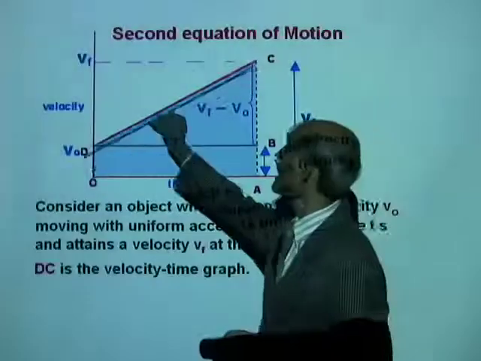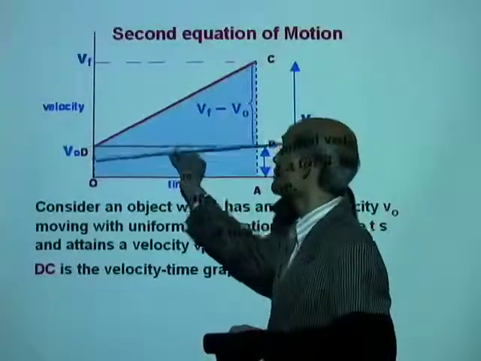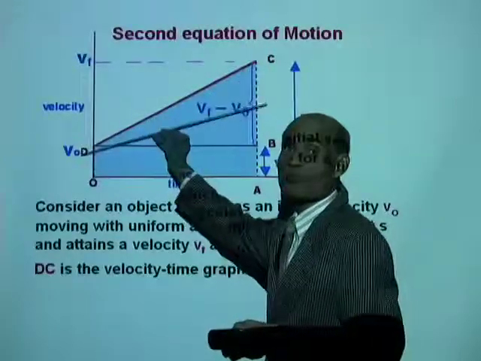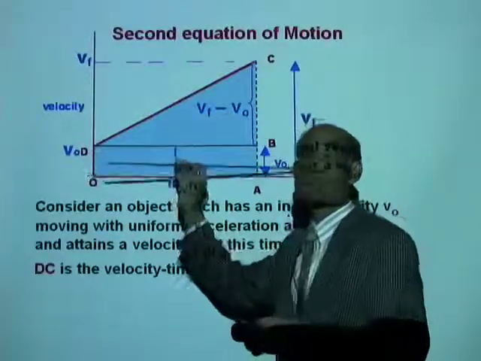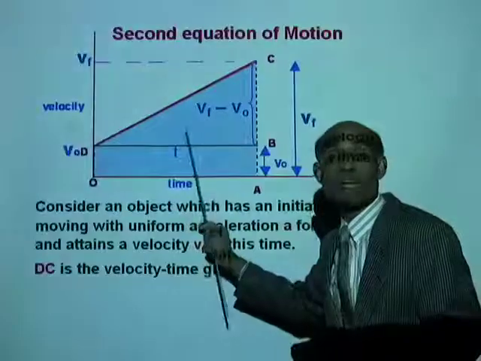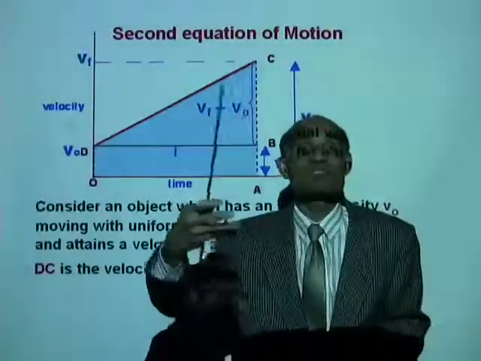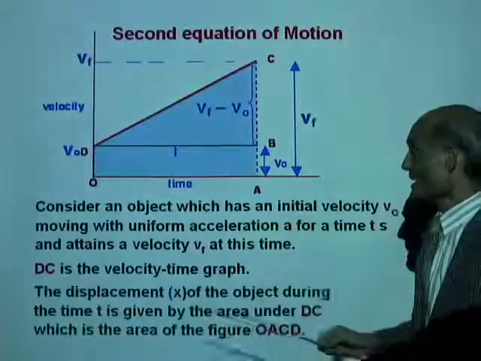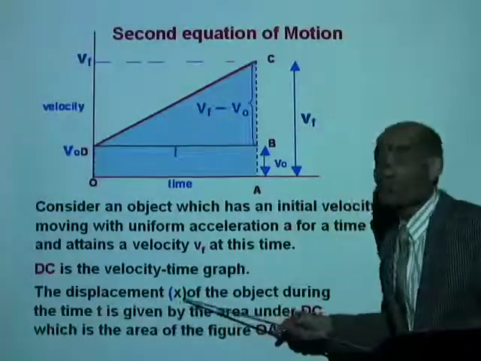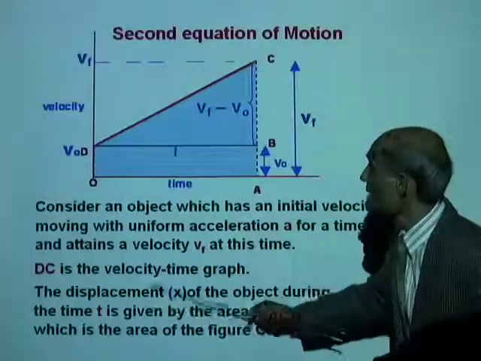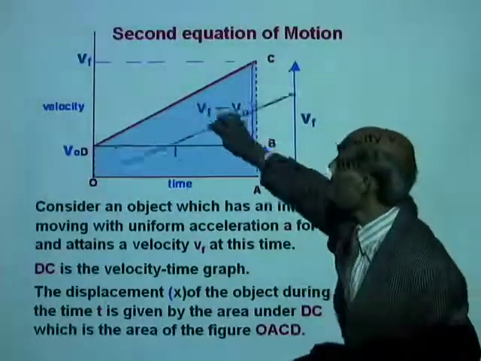And what does the area under the graph represent? What does the area enclosed by the graph with the time axis represent? It represents the displacement.